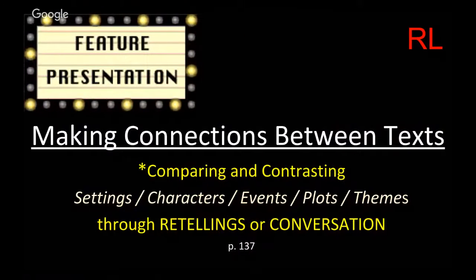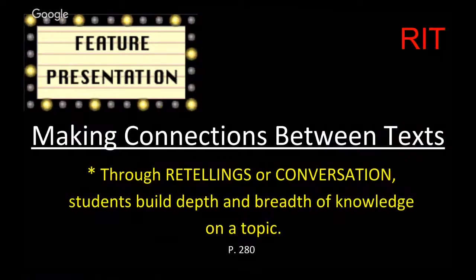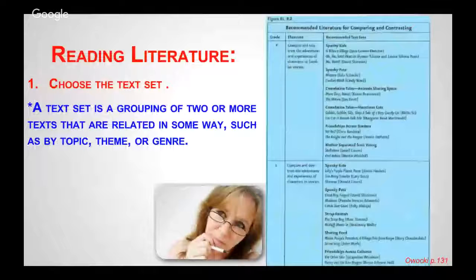And the strategy focus that is unique to standard number 9 is making connections, which is all about comparing and contrasting. For reading literature, you're comparing and contrasting settings, characters, events, plots, and themes. And comparing texts when you get into reading informational text is that whole integration that helps build the depth and breadth of knowledge on a topic.